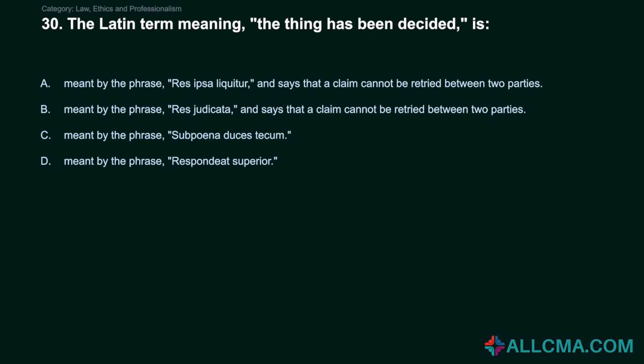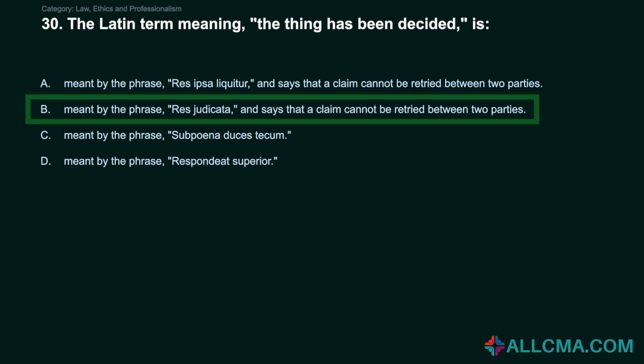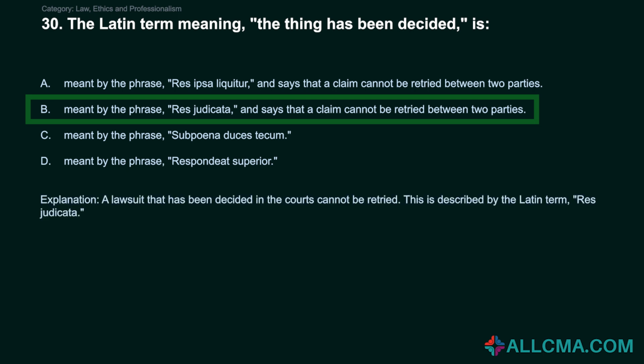D. Meant by the phrase, respondeat superior. Correct answer: B. Res judicata. A lawsuit that has been decided in the courts cannot be retried. This is described by the Latin term, res judicata.